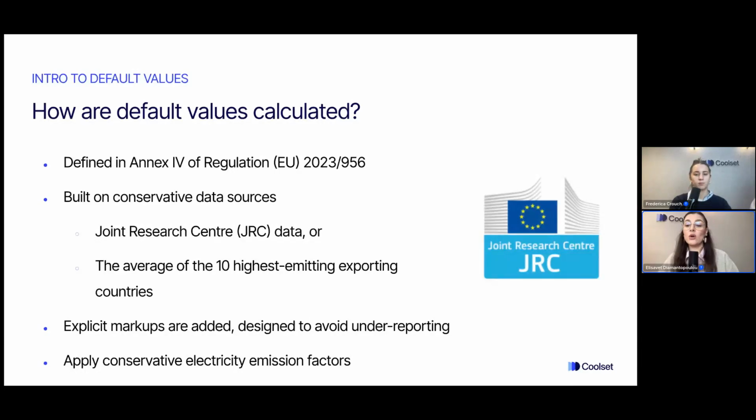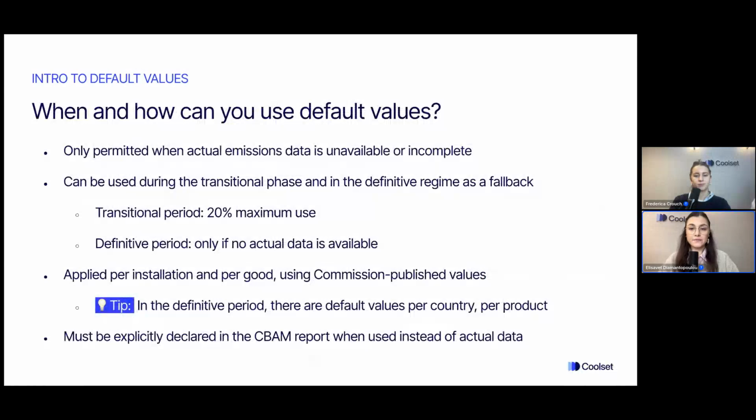They assume that because an installation does not have verifiable data, it is statistically more likely to have higher emissions than the average. And for indirect emissions, we see that they use more conservative electricity emission factors. So even in case, for example, your suppliers use renewables for electricity, this will not be reflected in the data. And all of this is intentional. The idea is that we keep this setup safe with these conservative fallbacks.